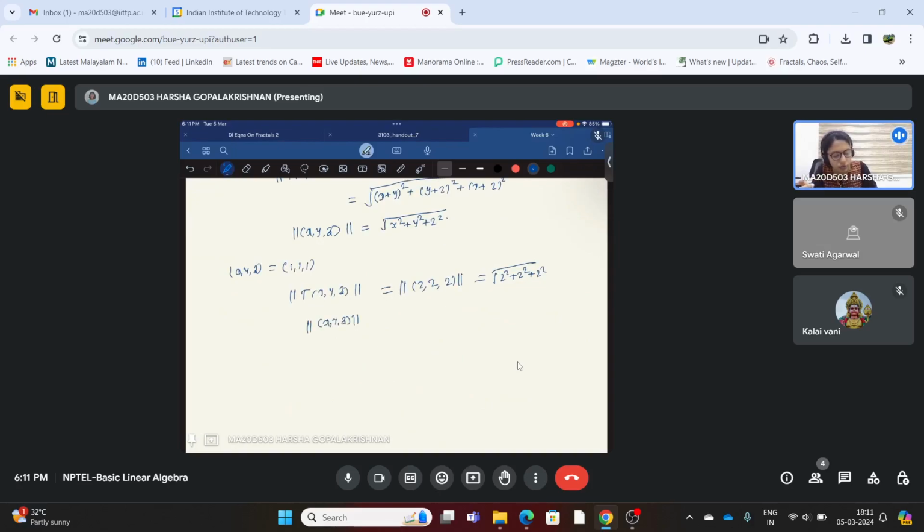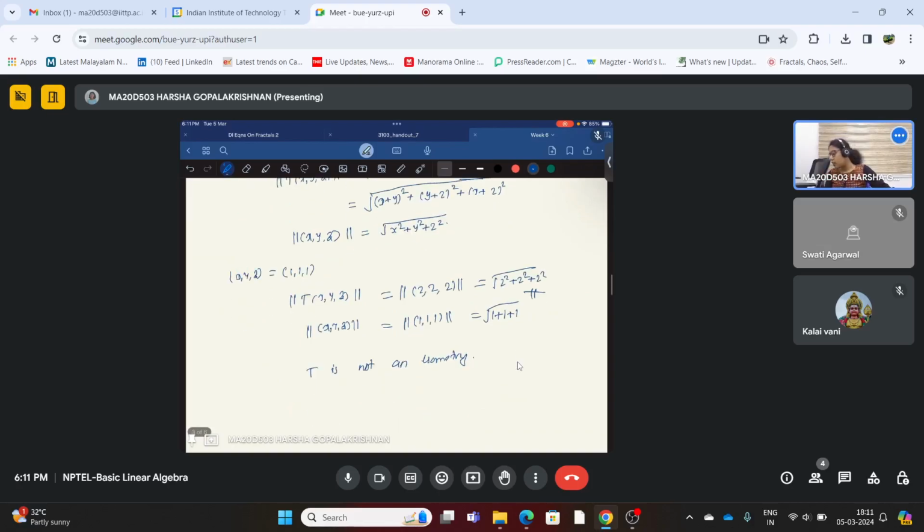Here xyz is 1 1 1. Norm of 1 1 1 is root of 1 plus 1 plus 1. So these both are not equal. So T is not an isometry here. So we can see this is not an isometry.